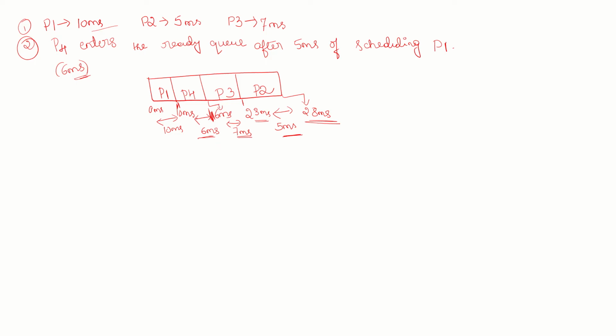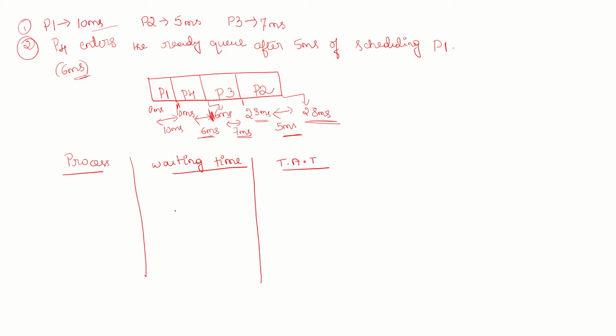Okay, now we will draw that particular table, that is process, next waiting time. Okay, I have written waiting time. Next I have to write turnaround time.